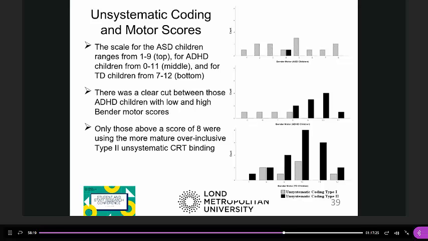But the score only starts at 7, so it basically starts here at 7. And you can see that they mainly show unsystematic coding type 2, the over-inclusive, but there's also a bit of under-inclusive binding. So you can see that the fine motor skills are a very important predictor in children with special needs, both in children on the autistic spectrum and in children with attention deficit hyperactivity disorder.